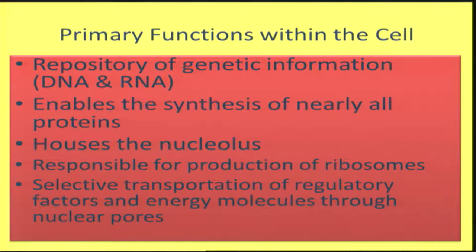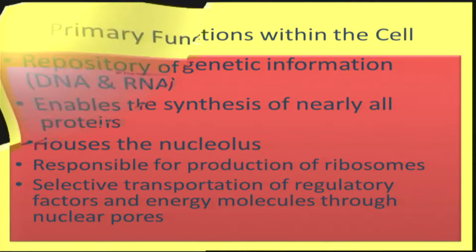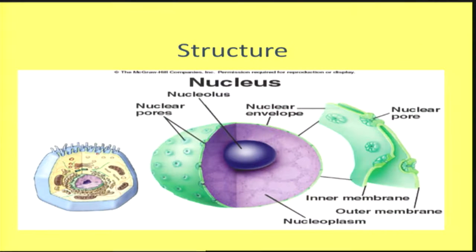So it has important primary functions. The first and foremost is being a repository of genetic information, whether it is DNA, that is deoxyribonucleic acid, or RNA, that is ribonucleic acid. We have already seen the structure quite in detail, what it contains: nucleolus, nuclear pore, nuclear envelope, and so on.